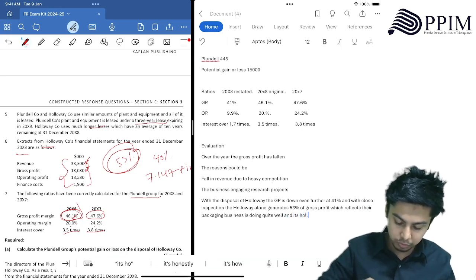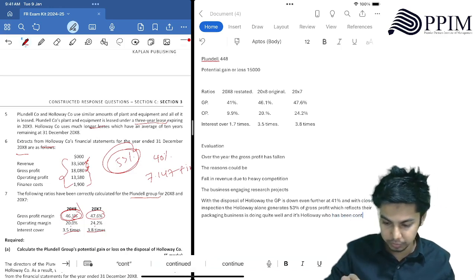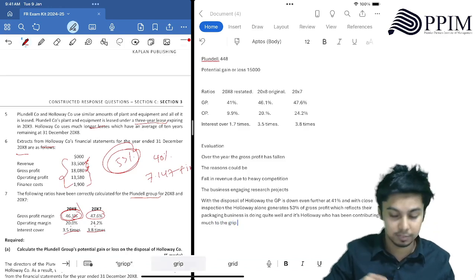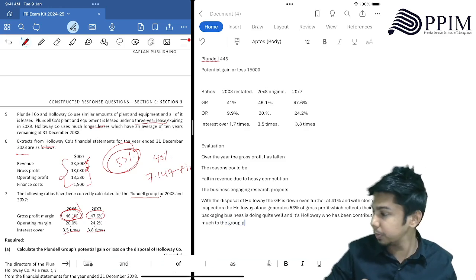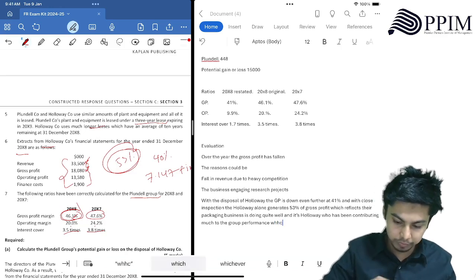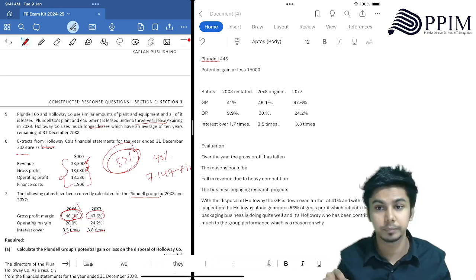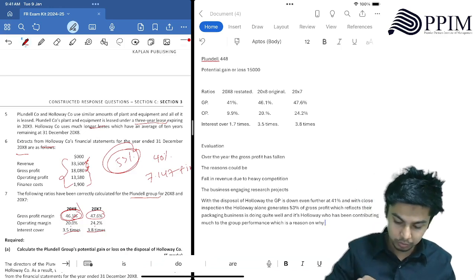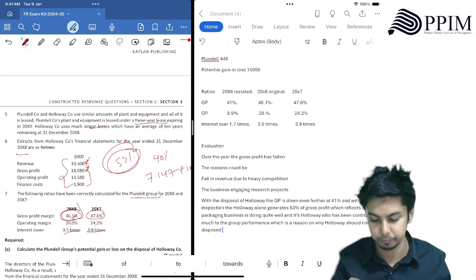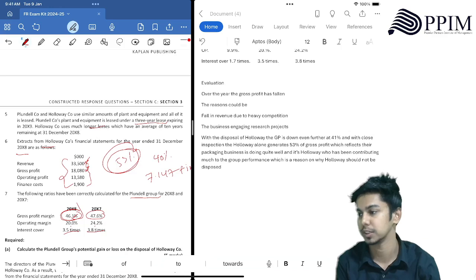And it's Holloway who has been contributing much to the group performance, which is a reason why Holloway should not be disposed.